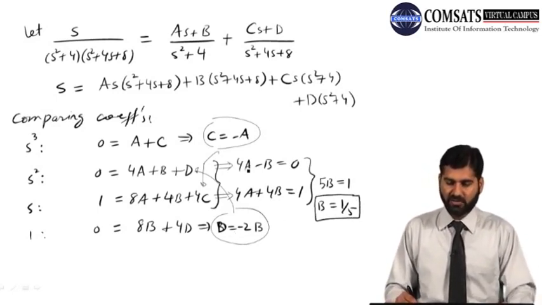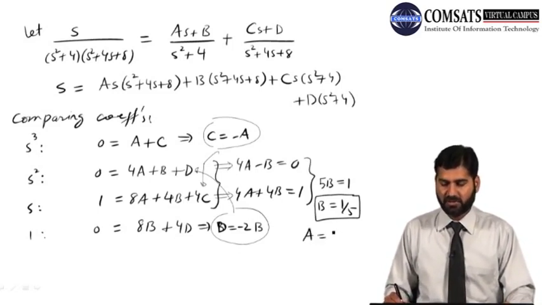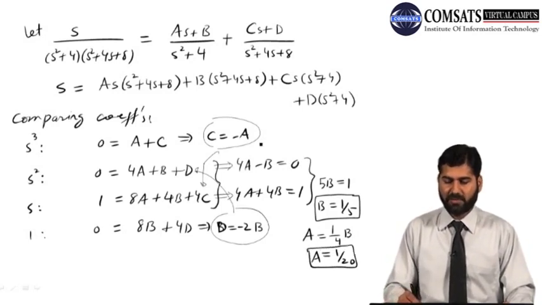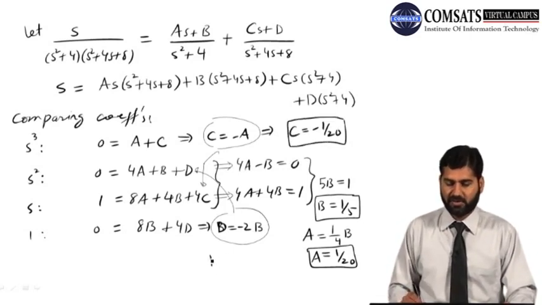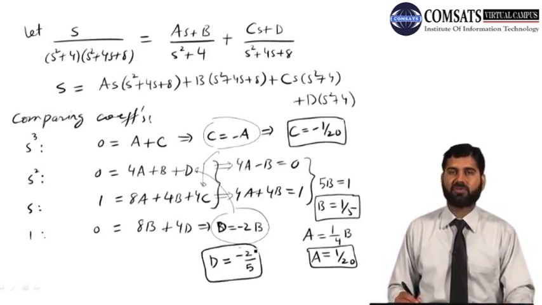From b, I can use any of these equations to get a. 4a is equal to b, so a is equal to 1 by 4 b, so that becomes 1 by 20. So a is 1 by 20. Now from here, c is negative 1 by 20, and from here, d is negative 2 by 5. So these are the four coefficients.